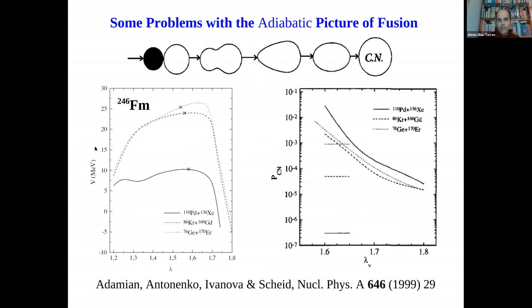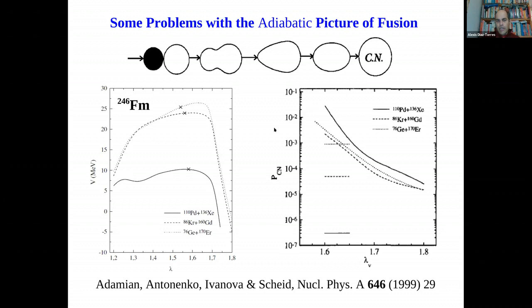So there is a problem with this picture for describing fusion, because if we calculate here on the left, you see the potential energy as a function of lambda for different combinations of projectile and target, and these crosses denote the touching configuration for these different fragmentations of fermium 246. So if initially the system is located here, you can see that the system will run down towards the small lambda values, and this compound nucleus will be formed.